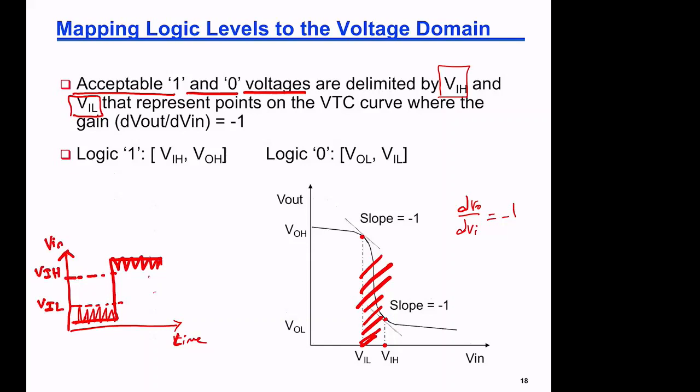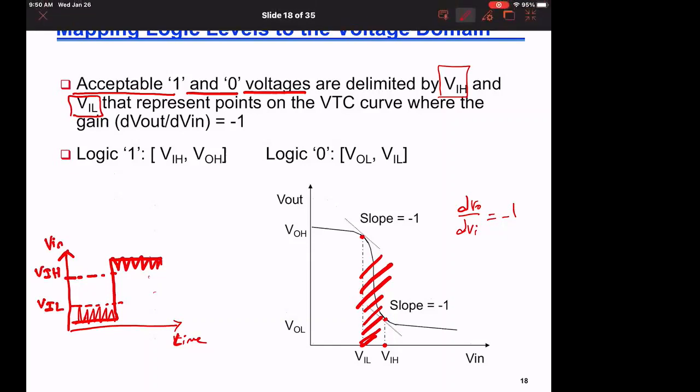So if I take any point on this graph, so long as my point is below VIL, the corresponding output will be approximately VOH. So this means that my output here, VO as a function of time t, is going to be very close, maybe with some glitches, to VOH.